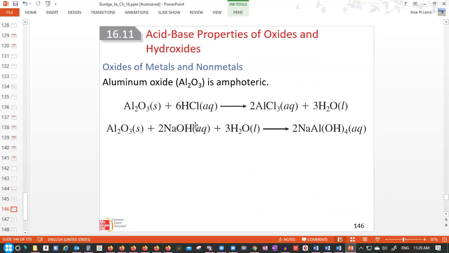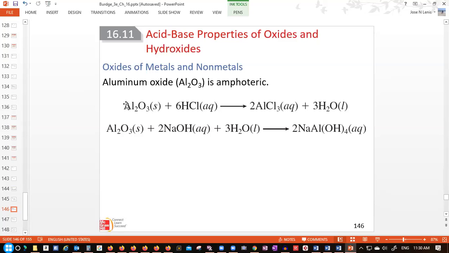Some of them are amphoteric, for example, aluminum oxide. If aluminum oxide is placed with hydrochloric acid, there's a reaction forming aluminum chloride.